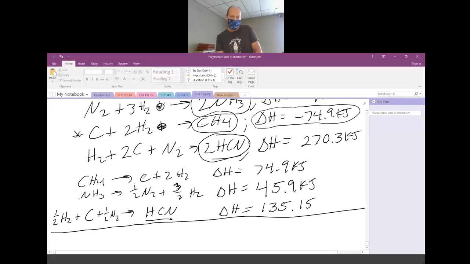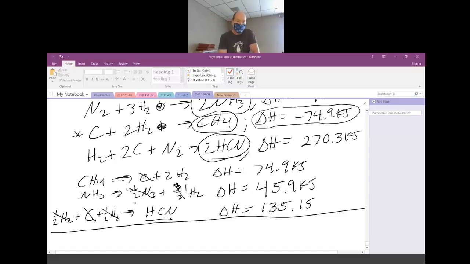So you can look at these as an equal sign. All right, so we're going to subtract 1 carbon from both sides. We are going to subtract 1/2 of a nitrogen from both sides. We are going to subtract 1/2 of a hydrogen from both sides. And this 3/2 hydrogen is now 1 hydrogen or 2/2 hydrogen.